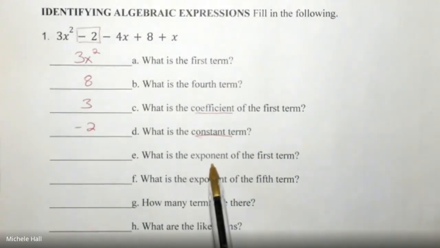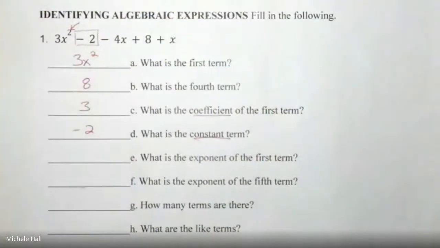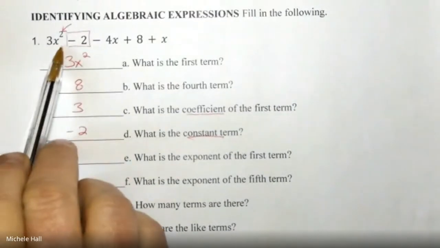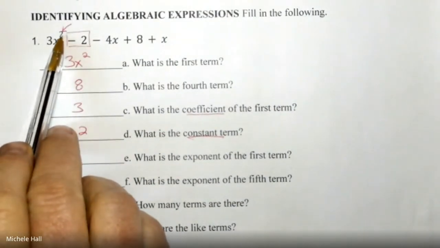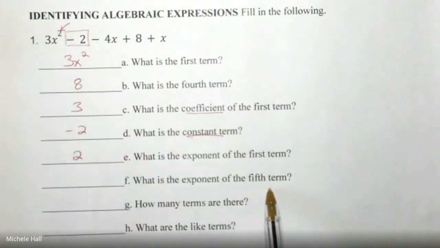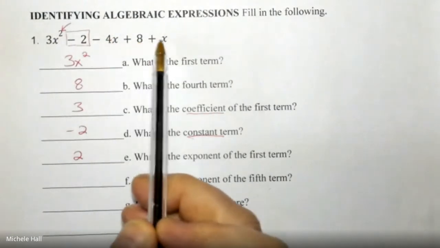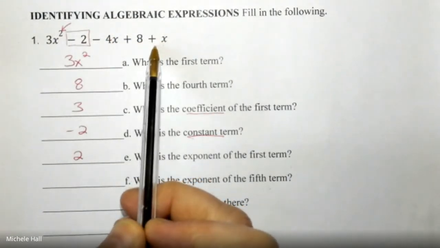What is the exponent of the first term? Here's my first term, and here's the exponent, 2. What is the exponent of the fifth term? 1, 2, 3, 4, 5. Here's my fifth term.